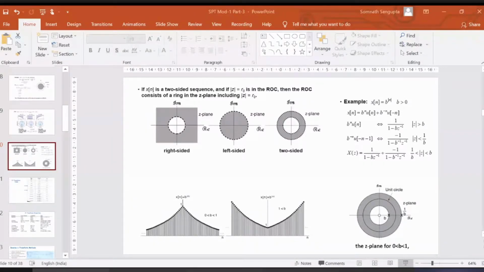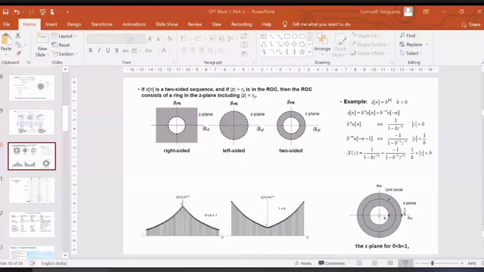The ROC is mod z greater than mod a for the causal sequence, so the exterior of a circle of radius a.